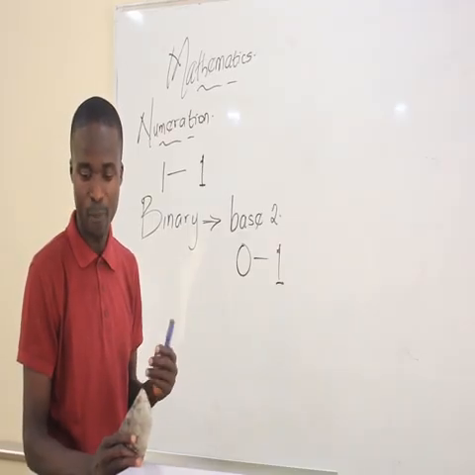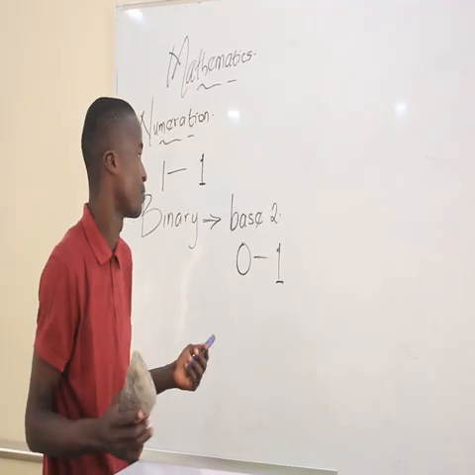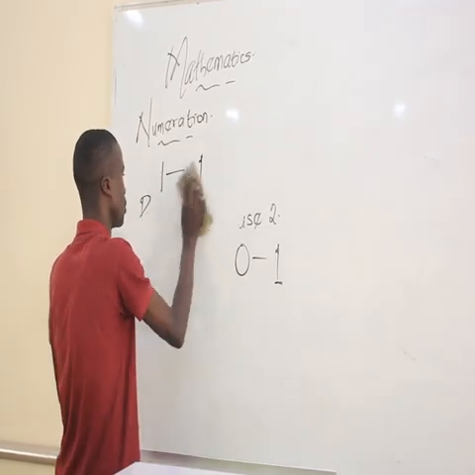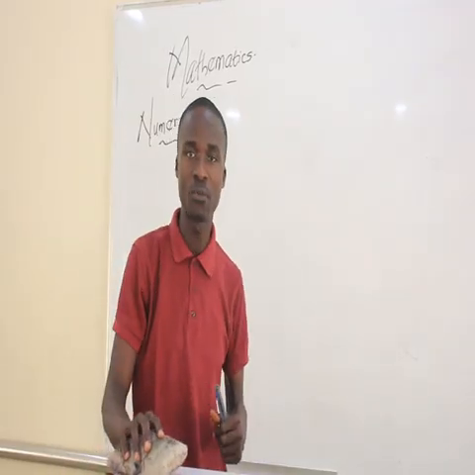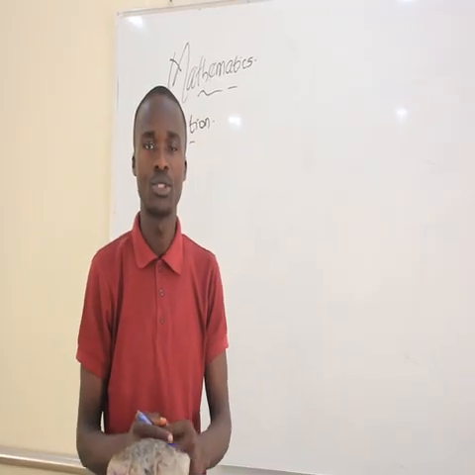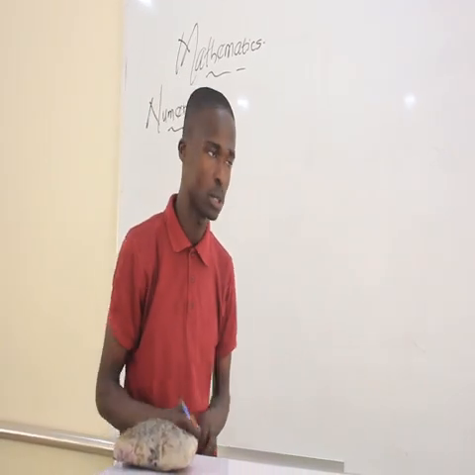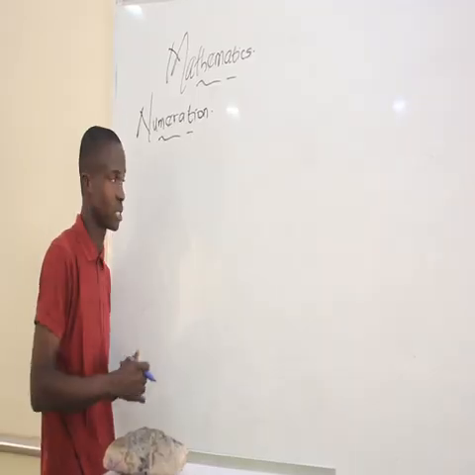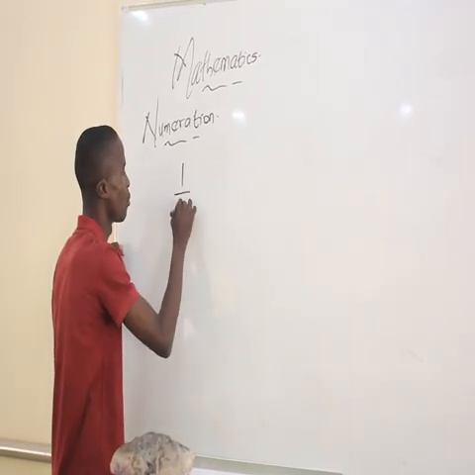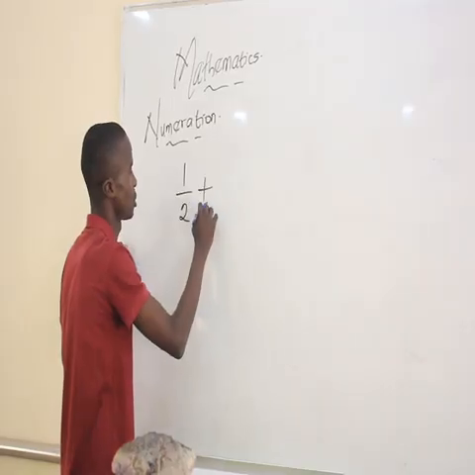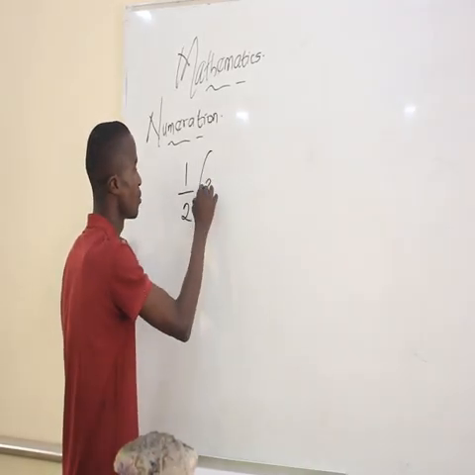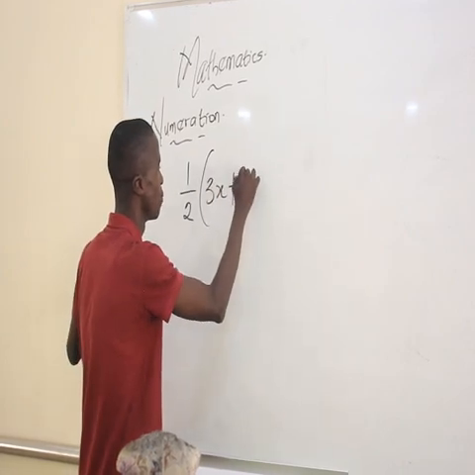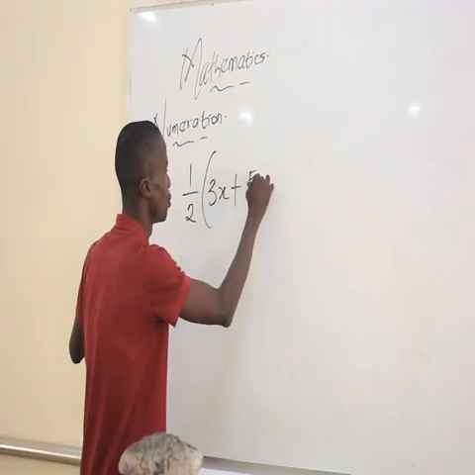We also have expressions involving brackets and fractions. If you remember clearly, we did some expressions involving fractions. Take for example, very simply, 1/2 into 3x plus 5/2x.